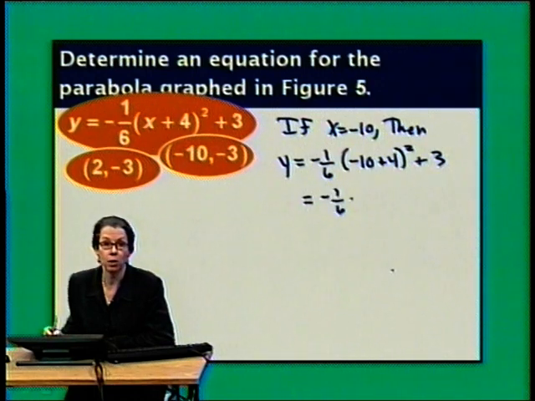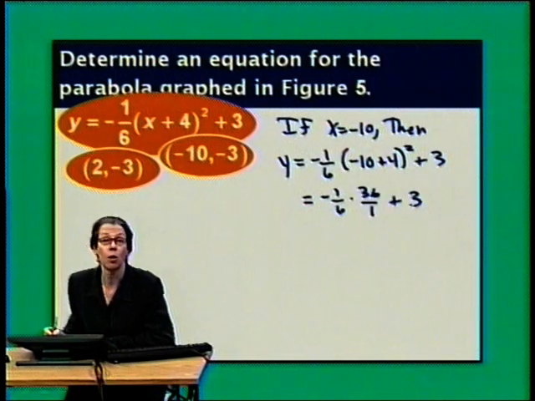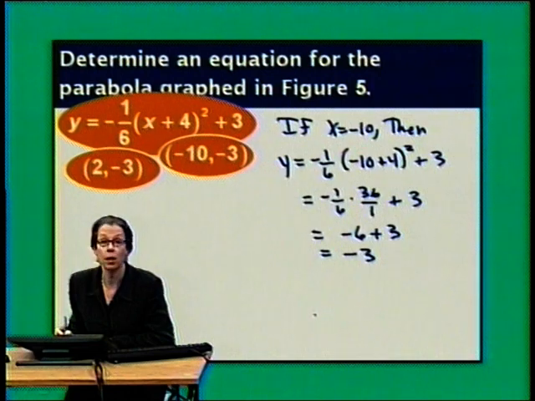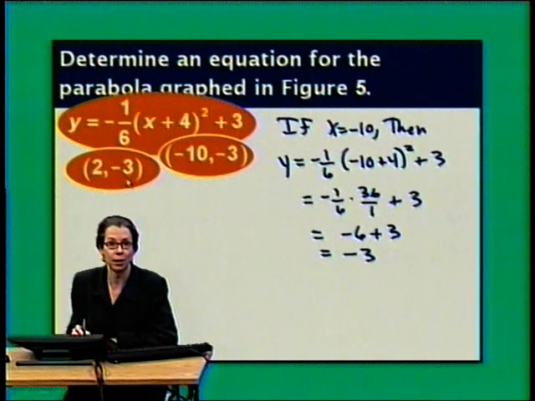-10 plus 4, that's -6. -6 squared is 36. 1/6 of 36 is 6, so I have -6 plus 3, that's -3. So the ordered pair -10, -3 does satisfy the equation. You can quickly see why I'm not checking this point as well.